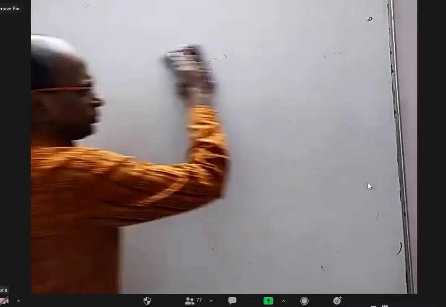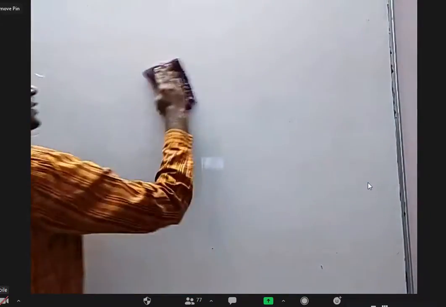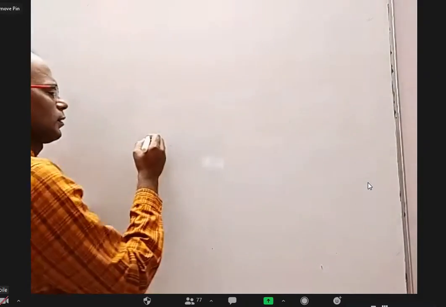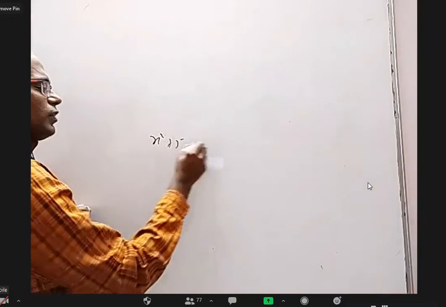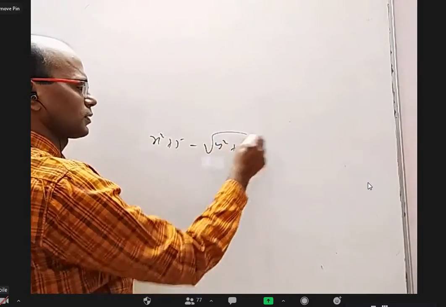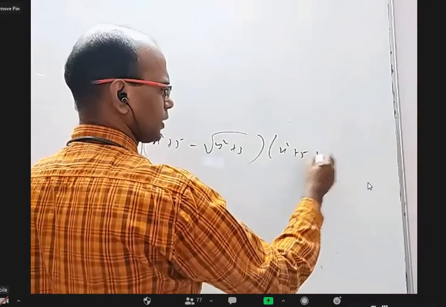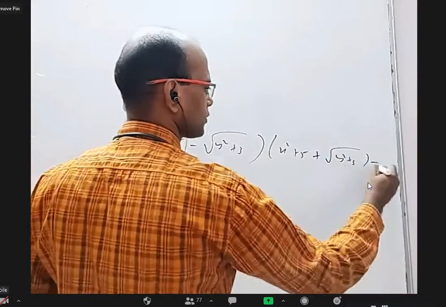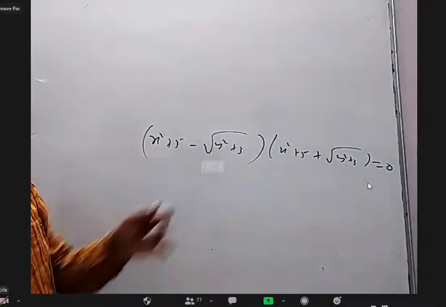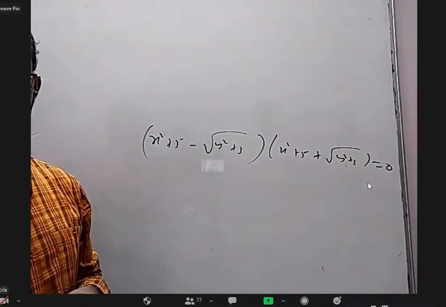That means they may not be ellipses. If we take 30 degrees, one curve, they may not be ellipses. They may be some other curves. But when you multiply, you're getting a fourth degree equation. For example, if you take x square plus 5 minus square root of y square plus 3, into x square plus 5 plus square root of y square plus 3, equal to 0. When you multiply these two, you'll get a fourth degree equation only, no?